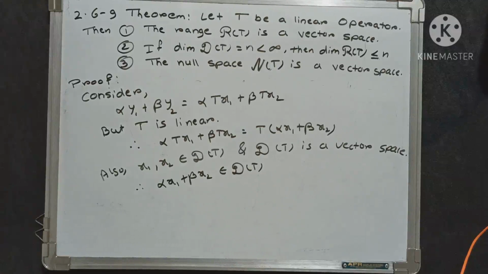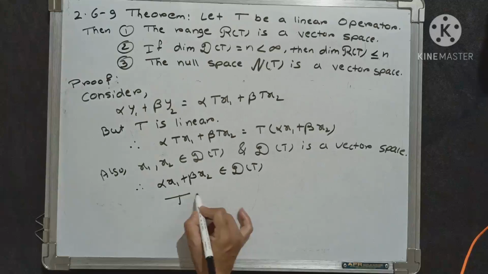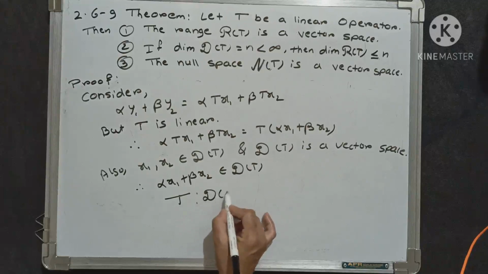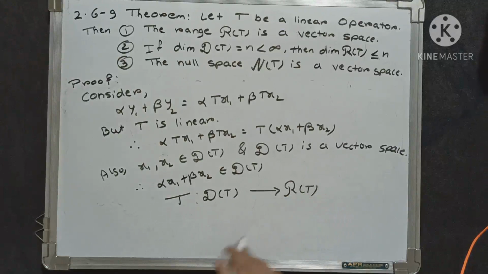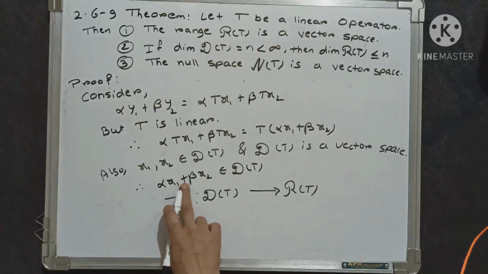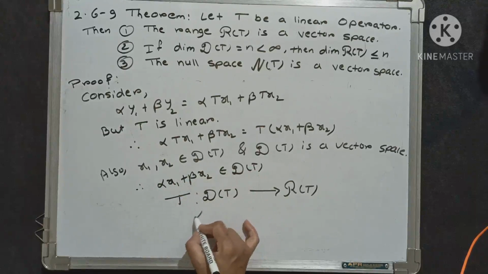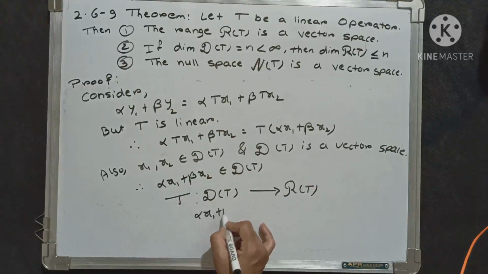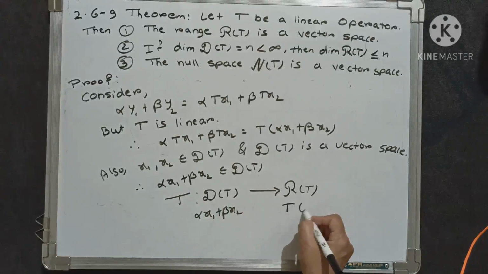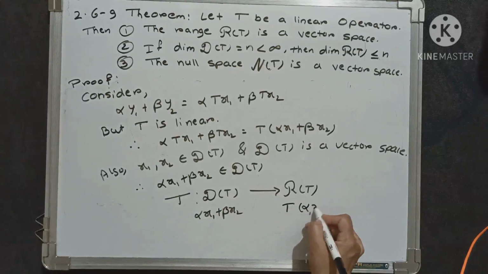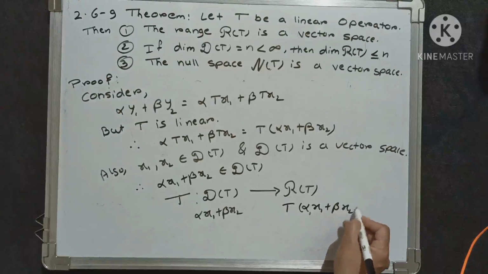Now alpha x1 plus beta x2 is an element of the domain, and we know that the mapping T goes from the domain to the range set. Therefore its image, T of alpha x1 plus beta x2, is an element of the range set.